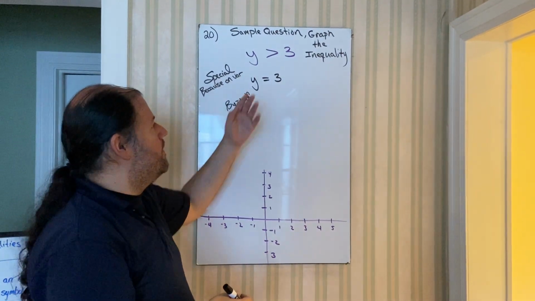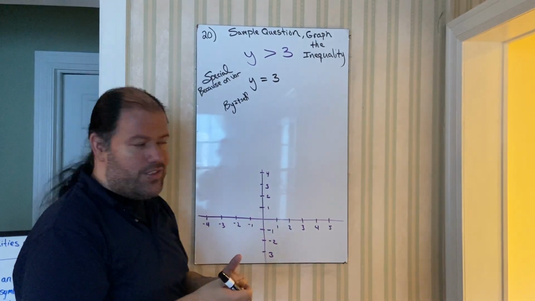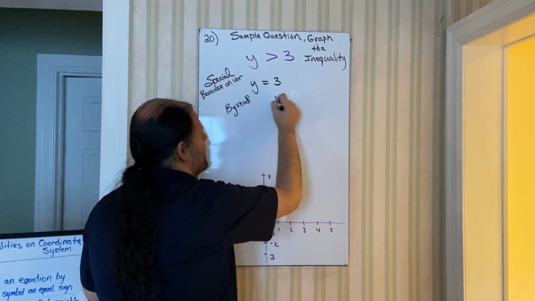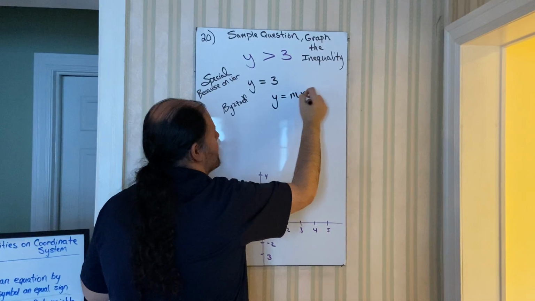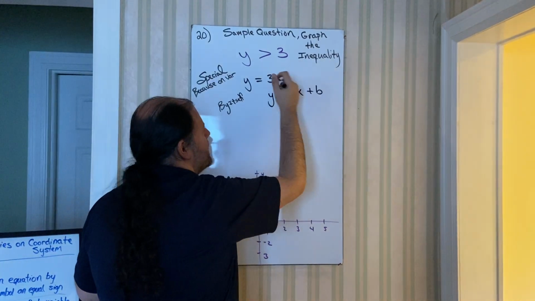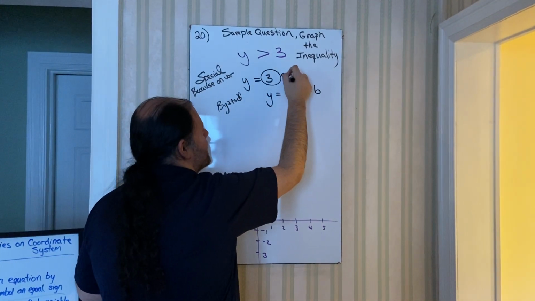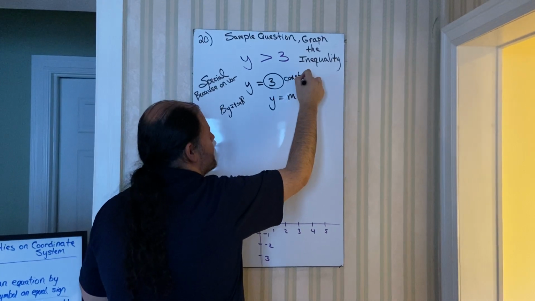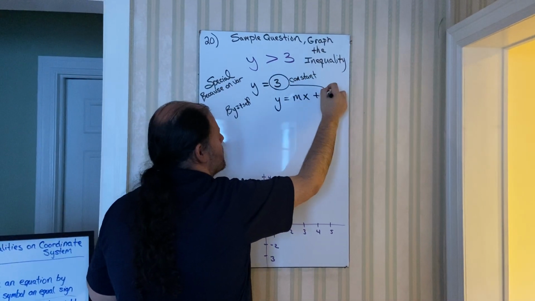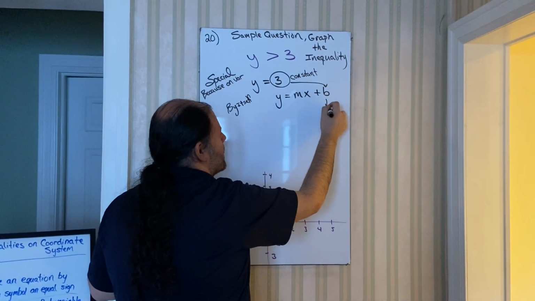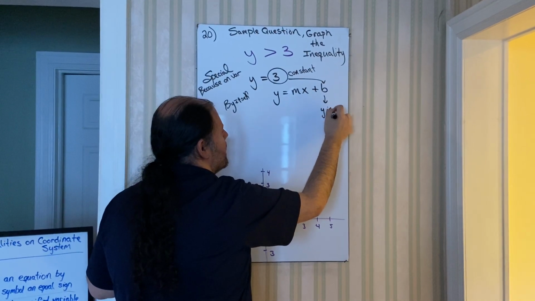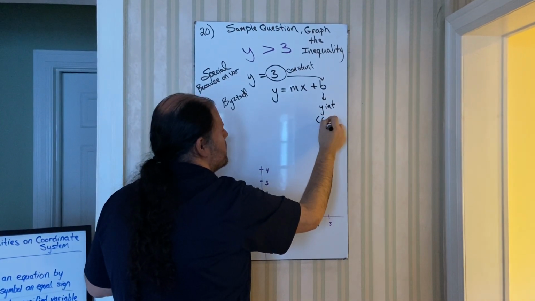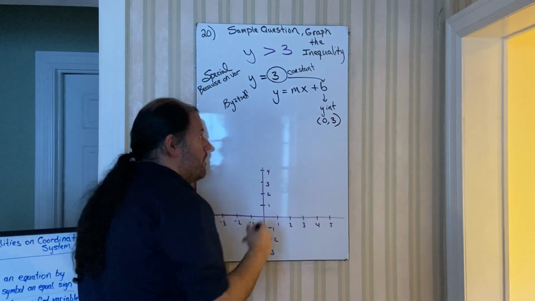But luckily, since we have y, then we can do y equals mx plus b. This is your constant. Because it's your constant, we know that's your b part, or your y-intercept. Y-intercept would be 0, 3.